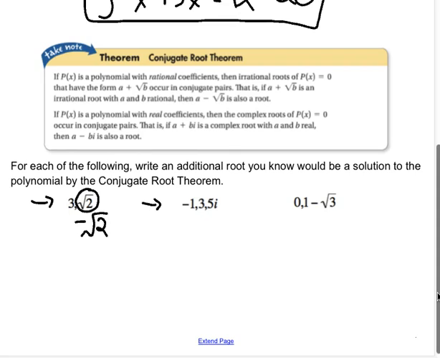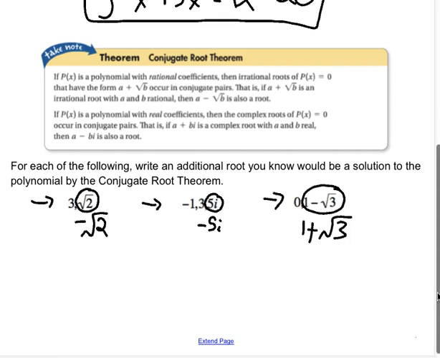For this one, again, this root right here has an additional root. It has a partner. They always come in pairs for the imaginary and radical roots. And for this one right here, again, it comes with its opposite partner, its conjugate partner.